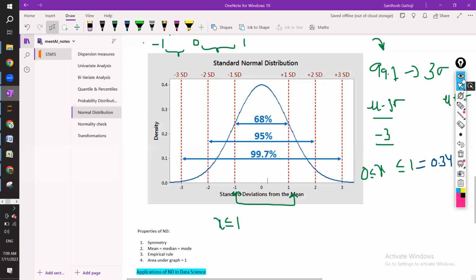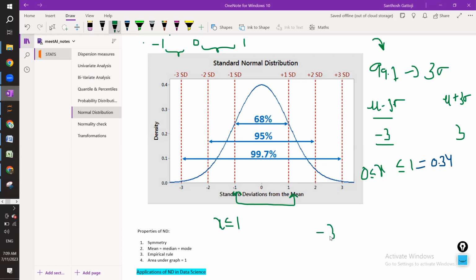When I say 0 over here, it will give minus 3 to 0. First of all, if I want to calculate till 1, it will give minus 3 to 1. And next, if I say 0, it will give minus 3 to 0. To make you understand, see, this is the bar.